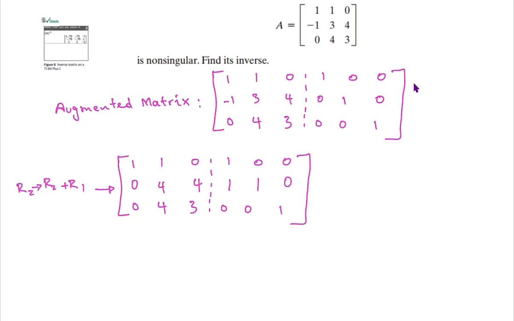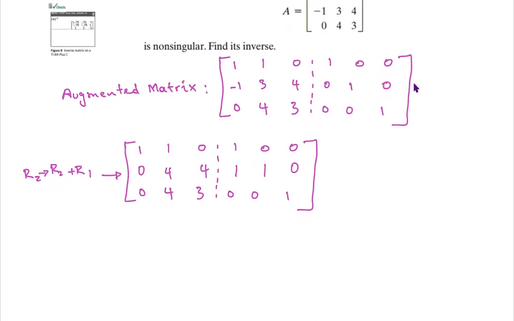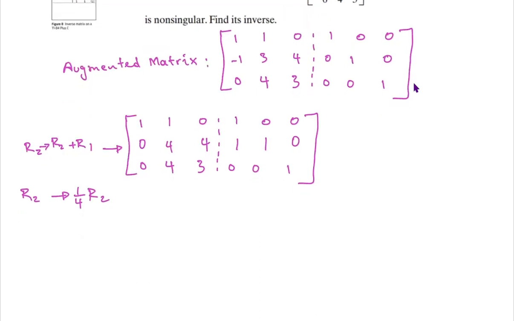And then I want to get a 1 here. So I make row 2 also receive itself divided by 4. So row 2 receives 1/4 of row 2. Again, row 2 is the only thing that's going to change.